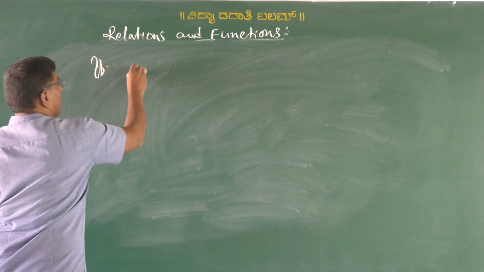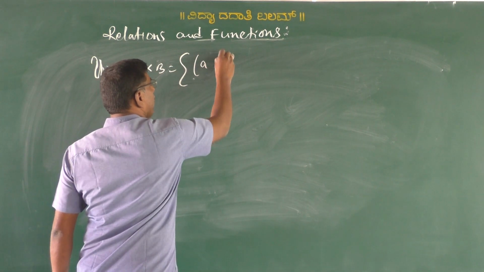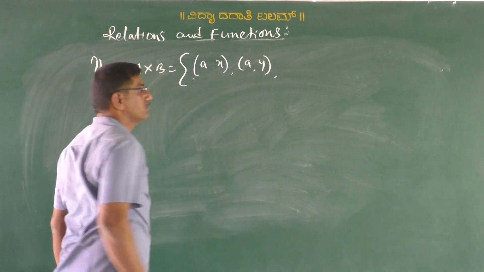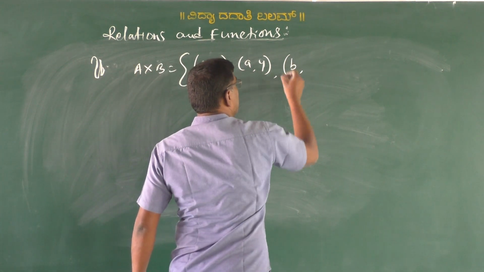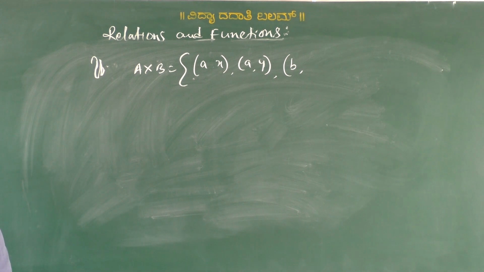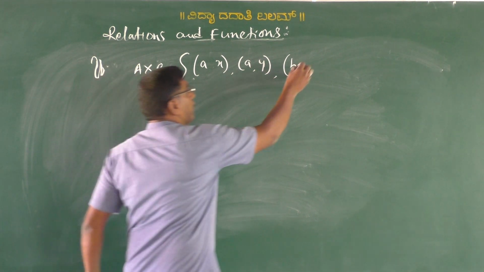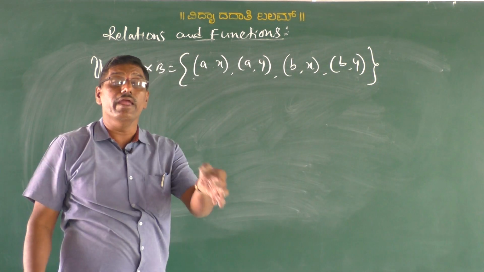If A cross B is equal to the set of all ordered pairs (a, x), (a, y), (b, x), (b, y), then find A and B.